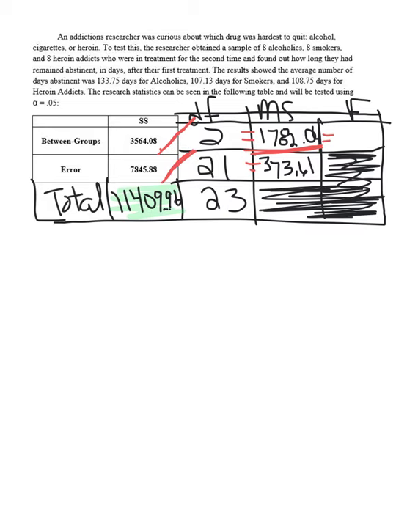So I'm going to take 1,782.04 divided by 373.61, and that gives me my F obtained, which is 4.77. So we have F obtained equals 4.77, and if you recall, we'll go back, that means we have more to do.